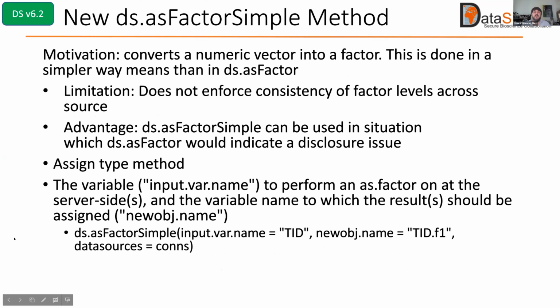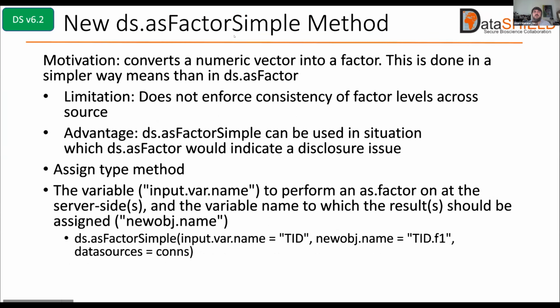Right. We've heard information back about as factor, in that people are running into problems because there were circumstances where it was indicating a disclosure problem, although the way that people wanted to use it, it wouldn't really be a problem, or it's not appropriate for a disclosure problem.